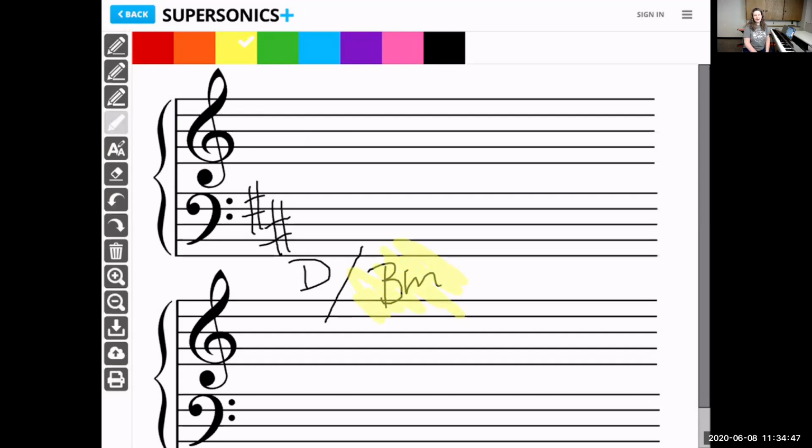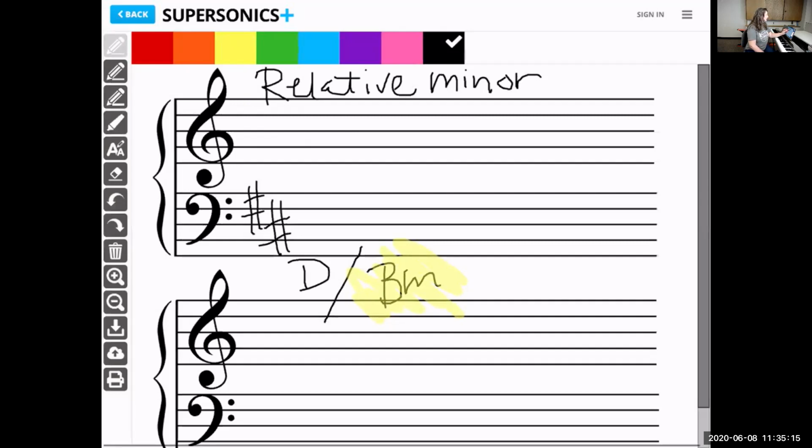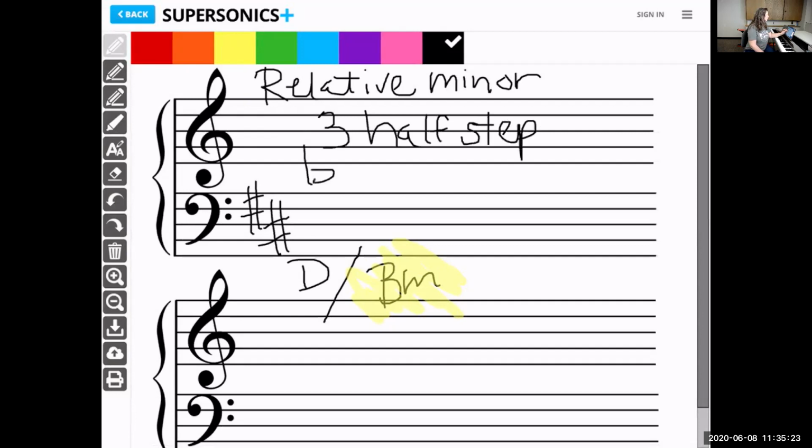Don't put D major, that will be marked wrong. You have to find the relative minor key. And remember, the relative minor, I'll write this up here, and that's always a small m, not a capital M, is 3 half steps below the major key.